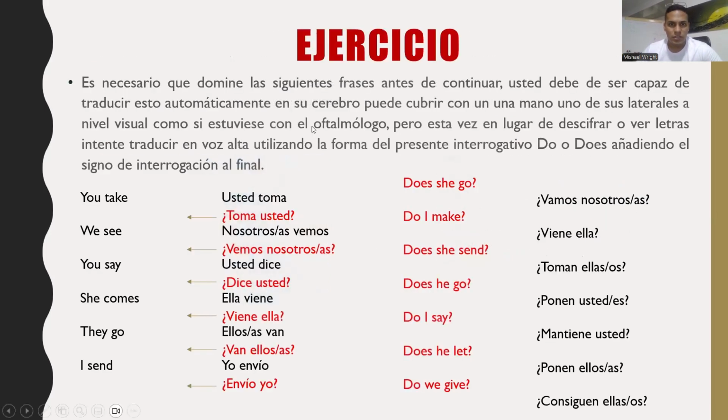Enough, not sufficient. So we have some exercises here. It's really important that you control how to translate each one of these questions. We're going to cover the statements with your hands, and then you can translate them.